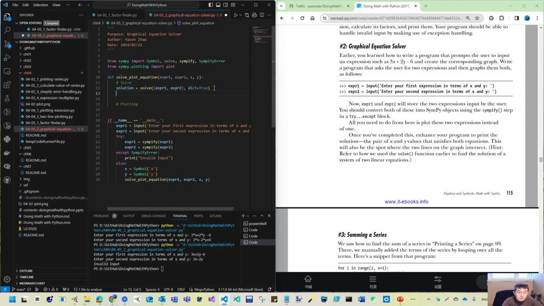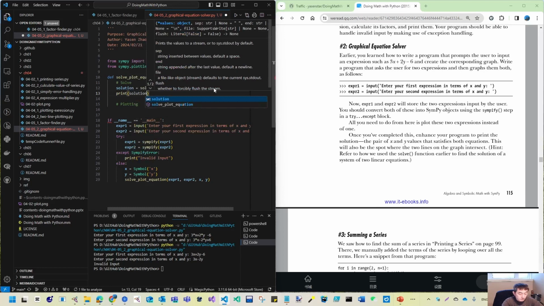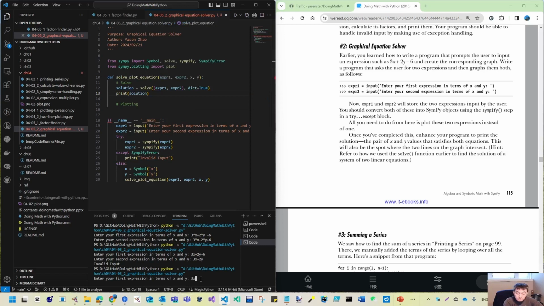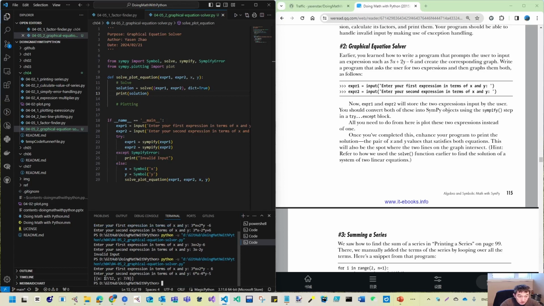Let's print the solution and run. If I put 3 times x plus 2 times y minus 6, and 6 times x minus 4 times y minus 5, I have 2 variables. That's good: I got x as a fraction, and y as another fraction. So it's fine.